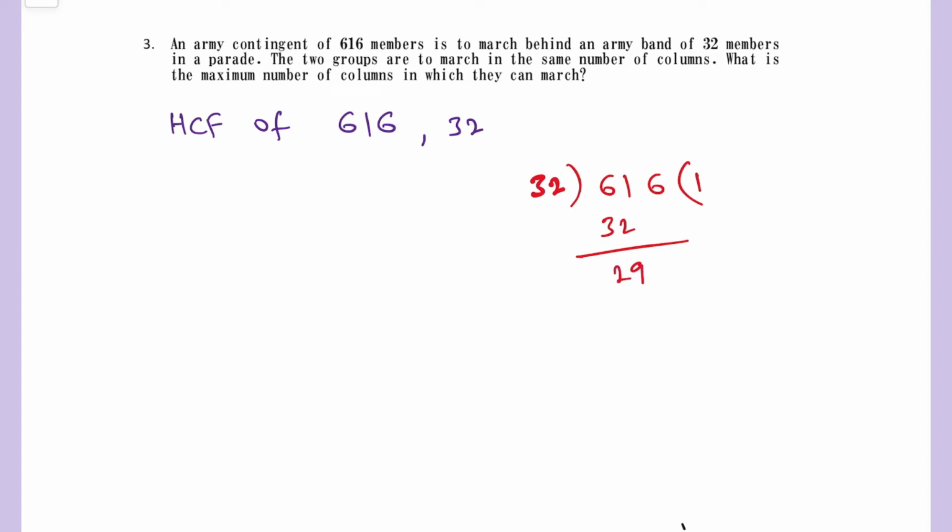In the 32 table 29 won't come anyway, so we need to bring down one more digit, that is 6. So 32 and 296 we got. In the 32 table, where will we get 296? 32 tens are 320, so I will check 9s then. 32 nines: 9 twos are 18, 8 and 1 carry, 9 threes are 27, 28. Okay, that's it. So 32 nines are 288.